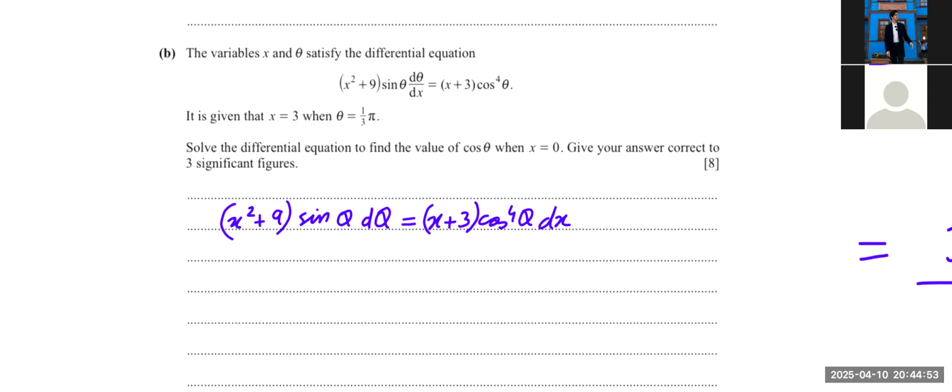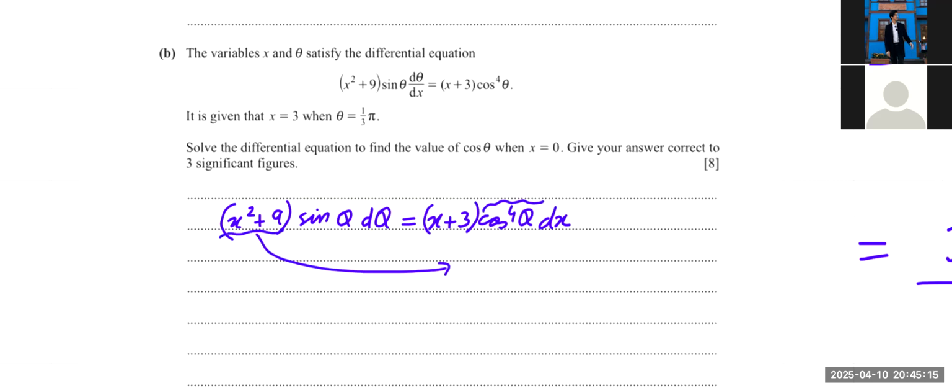So x squared plus 9 divided by x plus 3. No, no, I mixed it up. Sorry. Look, we have d theta here, right? So we want all the theta stuff on the left side with the d theta. So we should move this guy over there and then move this guy down here. Right.